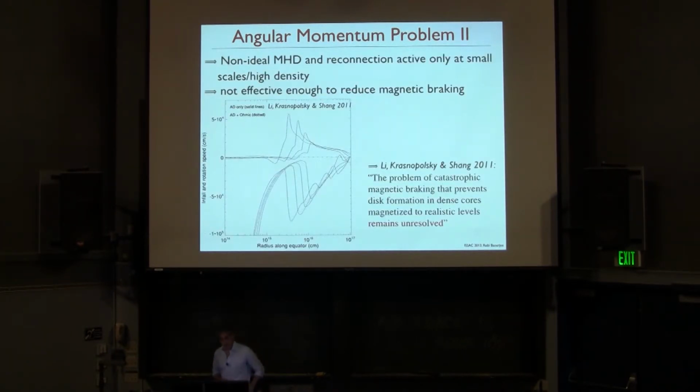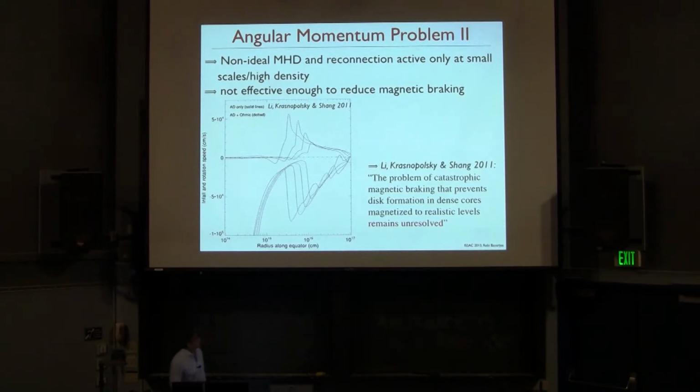And there's a study, for instance, by Lee and Krasnopolsky, trying out all these different effects. With these idealized setups, they are not getting a disk. So this study shows again that this potential flux loss by ohmic resistivity or ambipolar diffusion doesn't really help to form a disk, because it is only active at the high density regions.